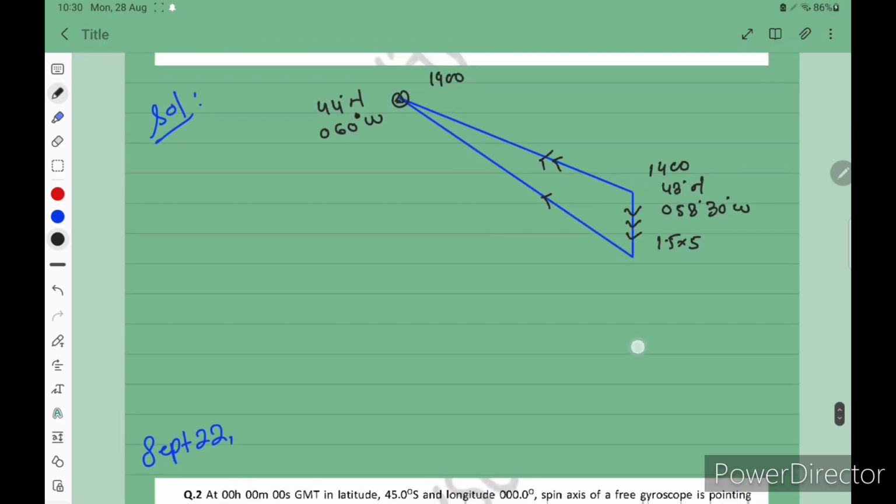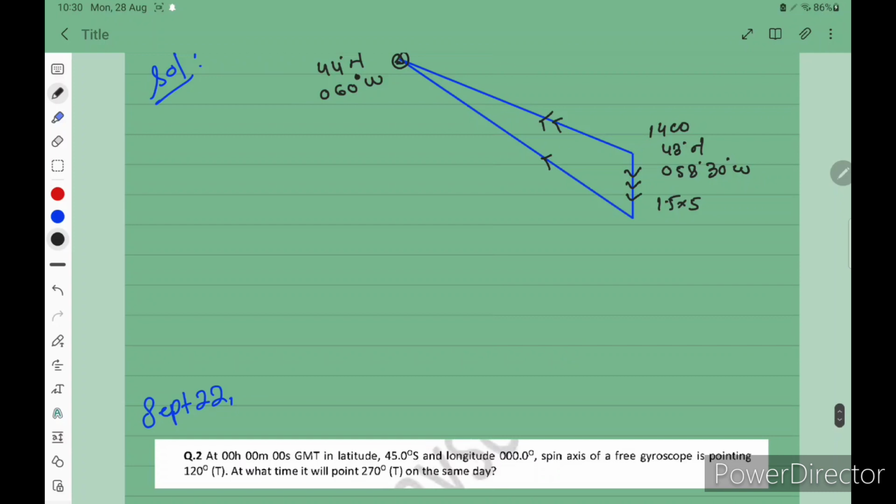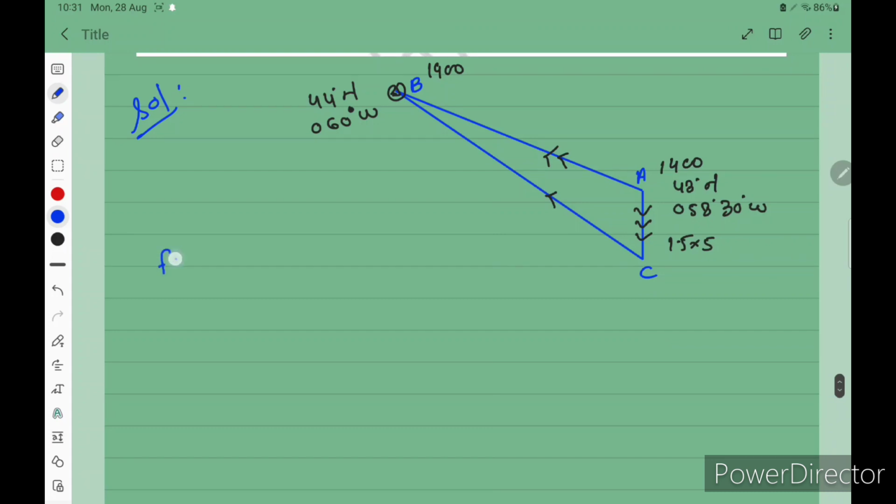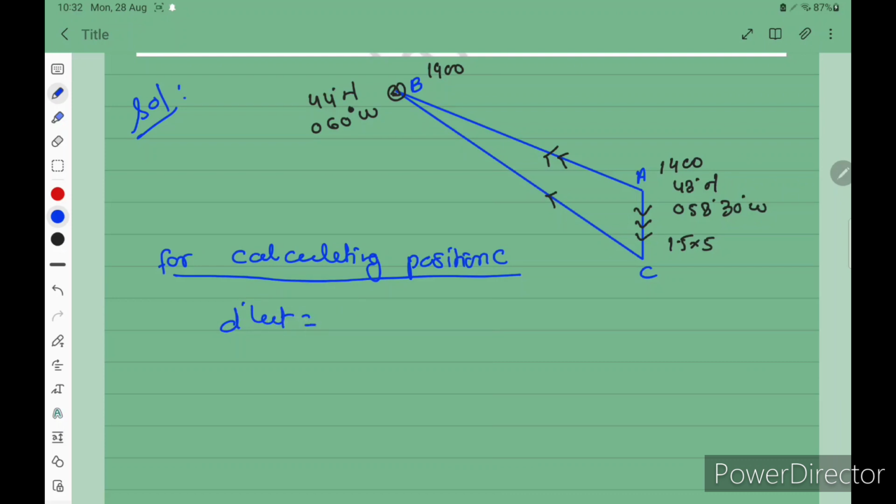Now we proceed to the solution. This is position A, this is position B, and this is position C. First of all we have to calculate position C. D lat is 1.5 times 5 hours, so we get 7.5, and it is going in the south direction, so the naming is south.